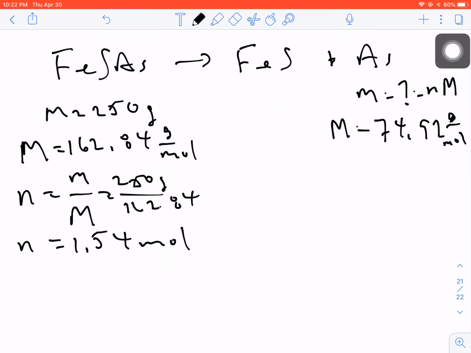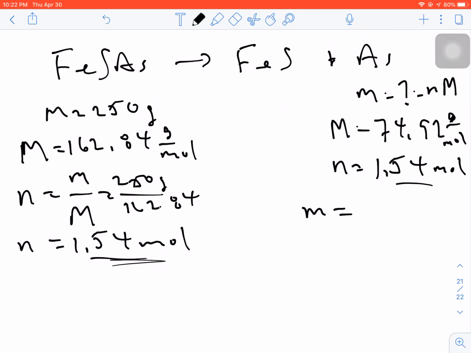When I multiply my number of moles times 1 over 1, I'm going to get the same number I had before. So I don't even have to do that mole ratio thing. I can just look at the fact that if I had 1.54 moles on this side, I've got to have 1.54 moles there. So now I can calculate my mass on this side as the number of moles times the molar mass.